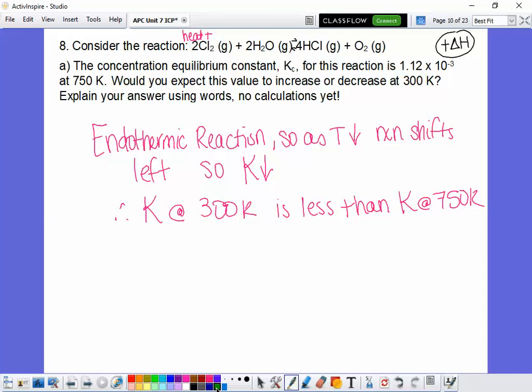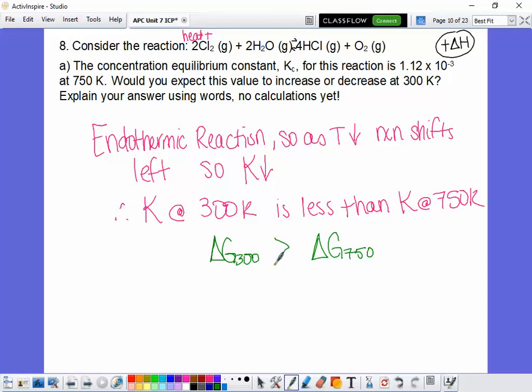If K is smaller at 300 Kelvin, how would you compare the delta G at 750 Kelvin? So delta G at 750 compared to delta G at 300. Yes, exactly.